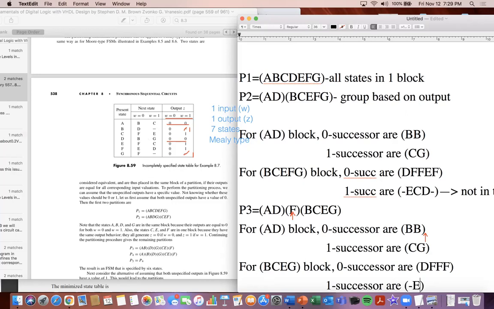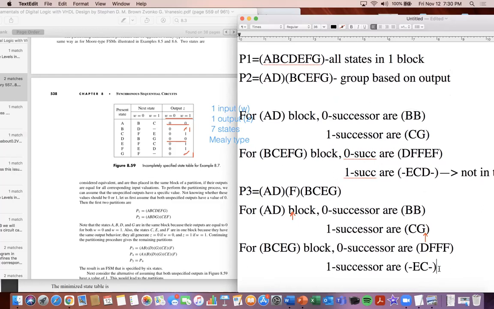C, it's going to be E. For E, it's going to be C. And for G, it's going to be don't care. Okay, we got these two created.